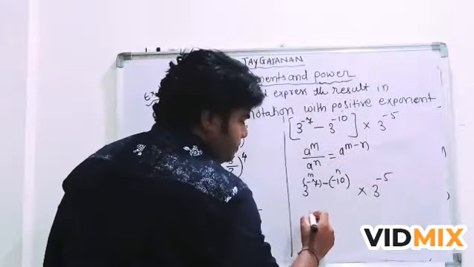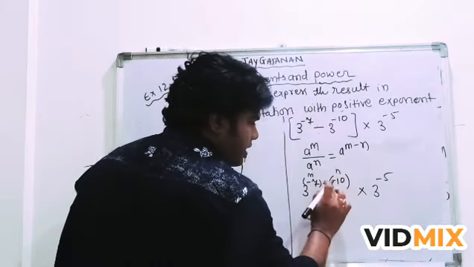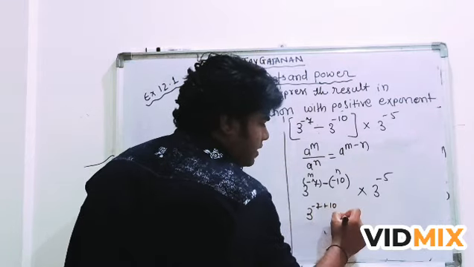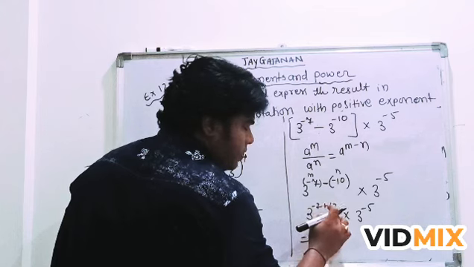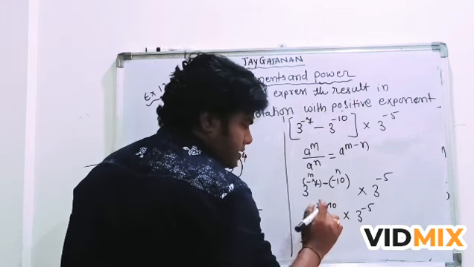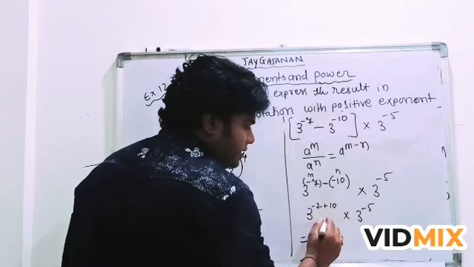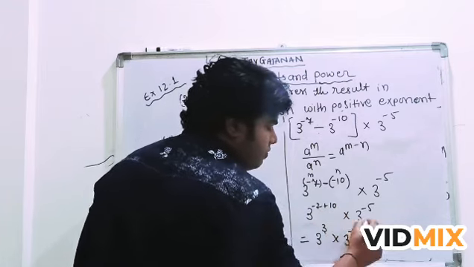So we will solve this. 3 to the power minus 7, this minus will become plus 10, into 3 to the power minus 5. 3 to the power 10 minus 7, that is 3. So 3 to the power 3 multiplied by 3 to the power minus 5.